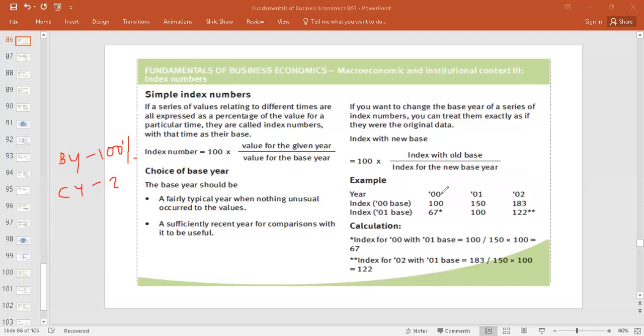years given for 2000, year 2001, year 2002. So index bases are given here, and the index base for 01.